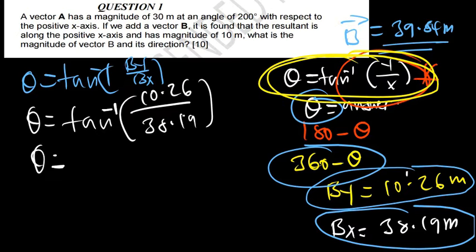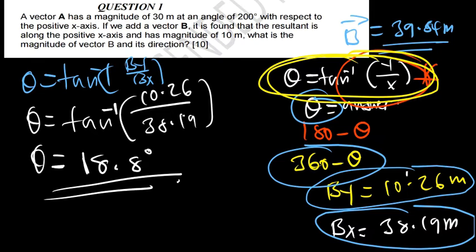So the theta will be shift tan, open brackets, 10.26 divided by 38.19, close the brackets. I'm getting 18.77, which is the same as just saying 18.8 degrees. Someone can also say 19 degrees. It's okay.